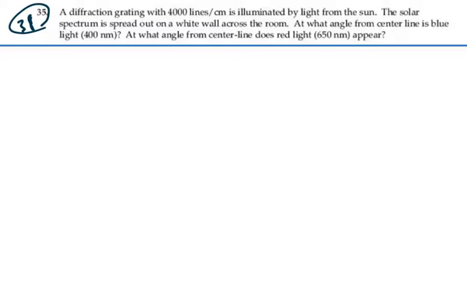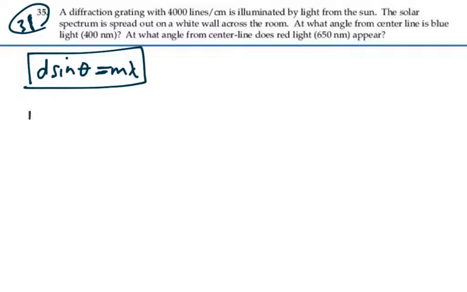For a diffraction grating, we have in general that the line spacing d sine theta is equal to m lambda for constructive interference. So, if our number of lines per distance is 4,000 lines per centimeter, our distance between lines is going to be the inverse of this.